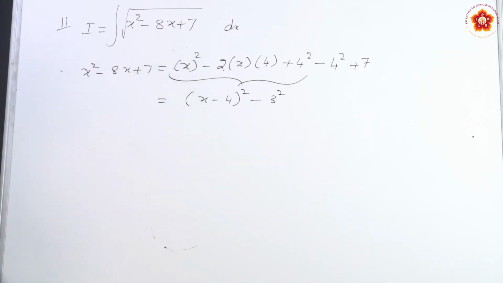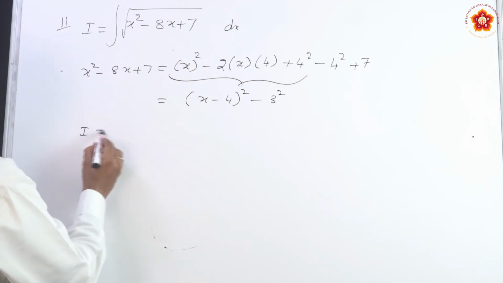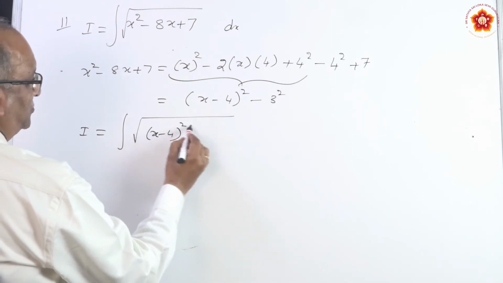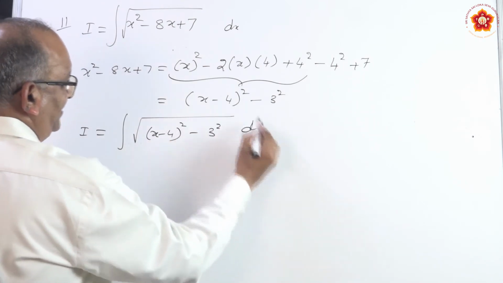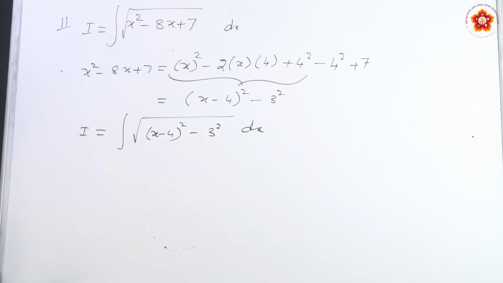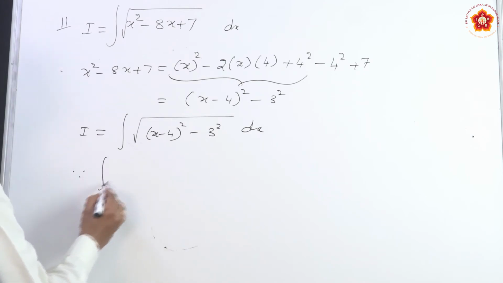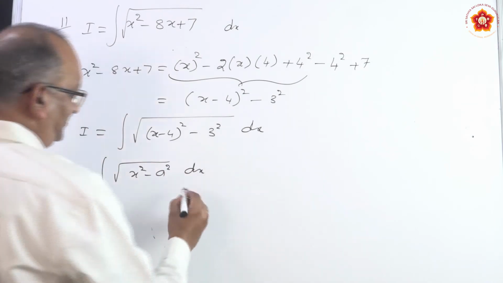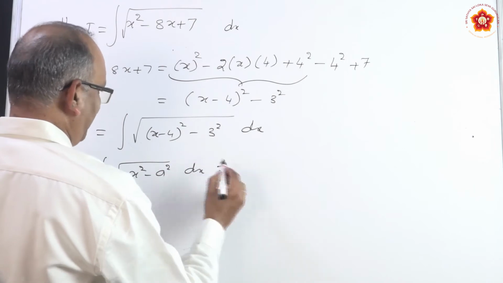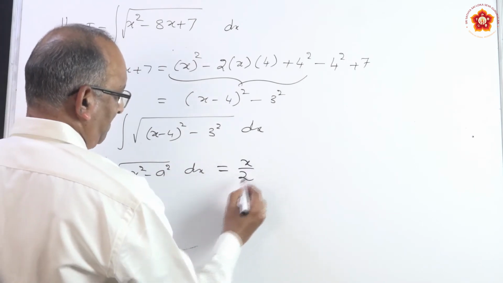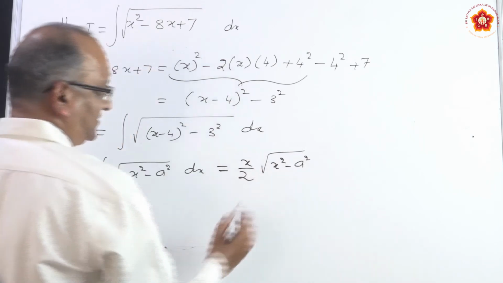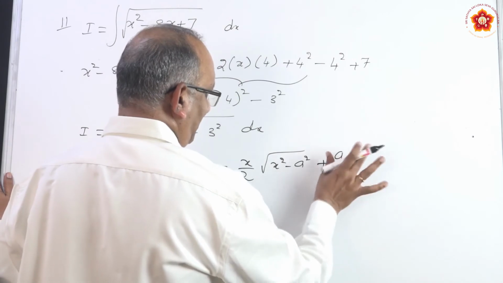Substitute this there. So, I will become integral of under root of x minus 4 whole square minus 3 square dx. Recollect the formula. What is the formula? Integral of under root of x square minus a square dx equal to x by 2 under root of x square minus a square plus, not plus, minus.